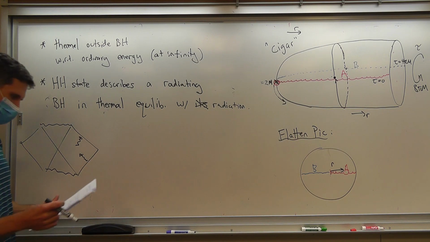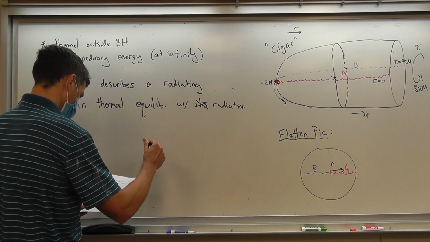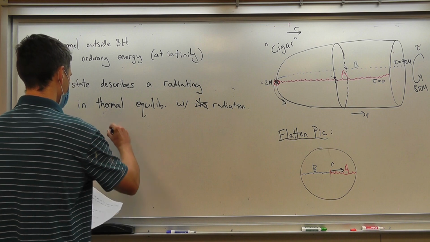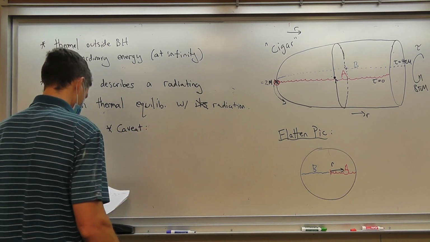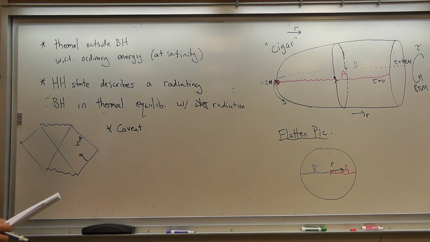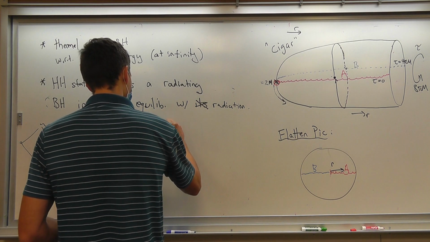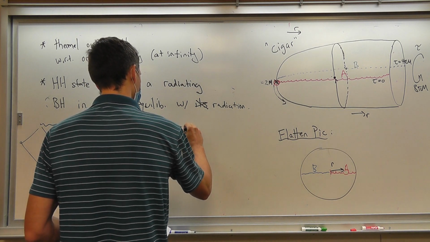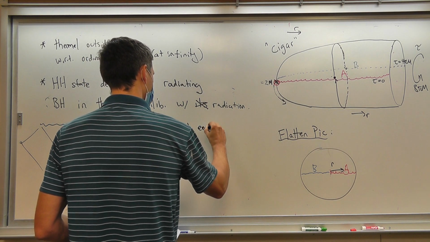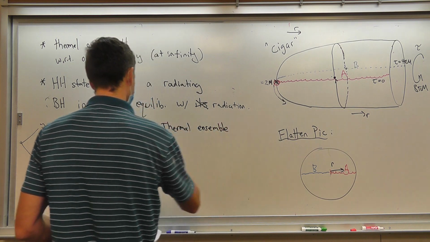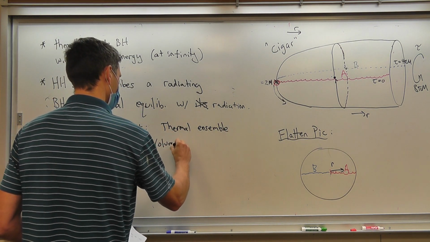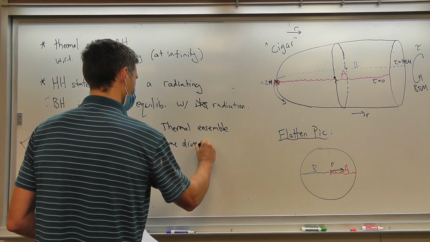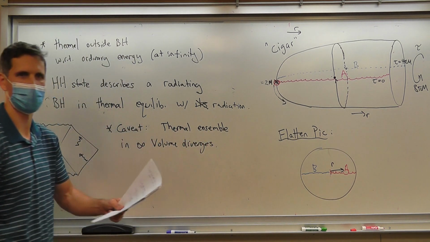Okay, next comment is really a caveat about this whole discussion. We've done this sort of formally, but there's a problem, which is that the thermal ensemble in infinite volume diverges.